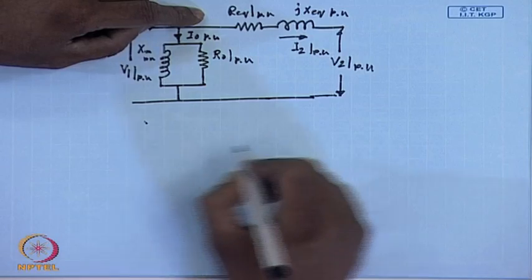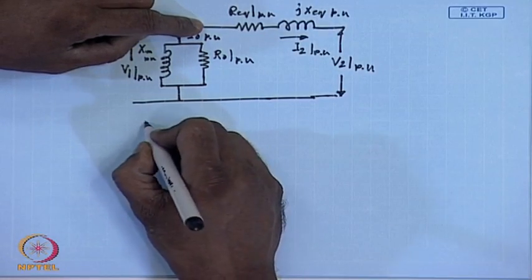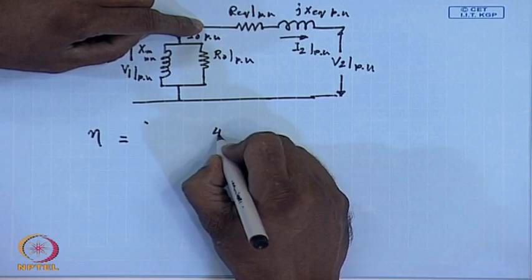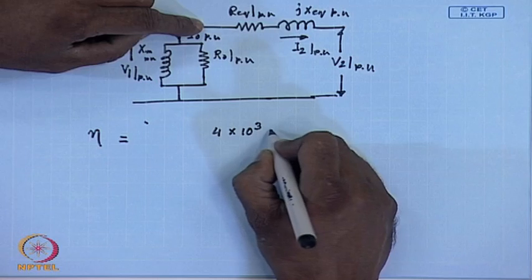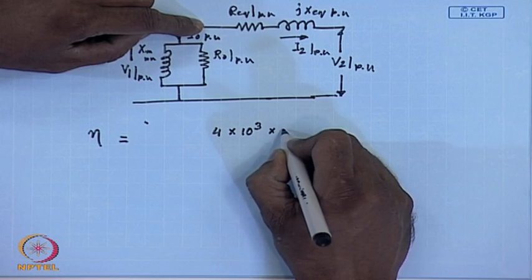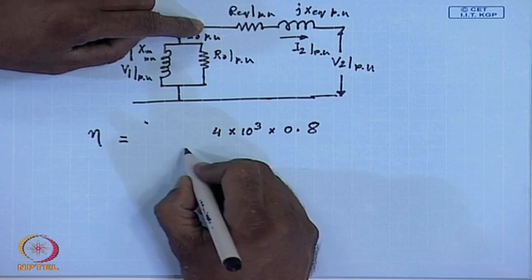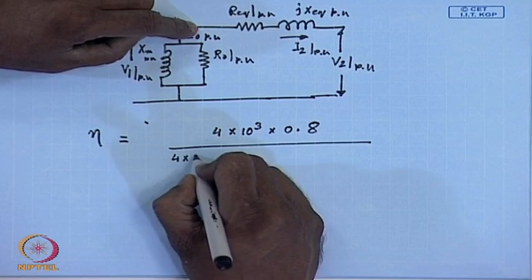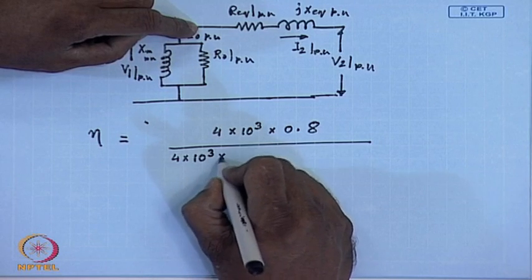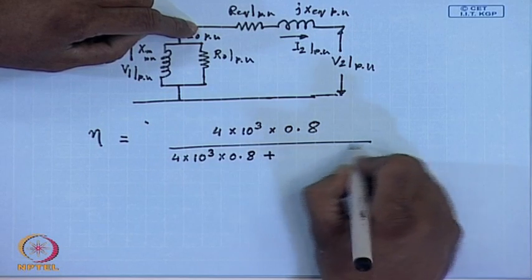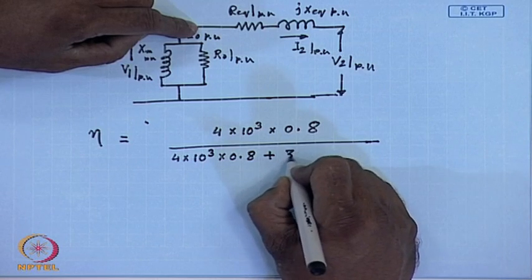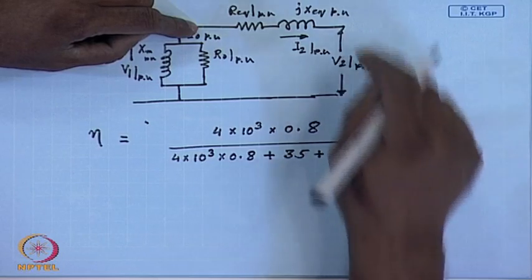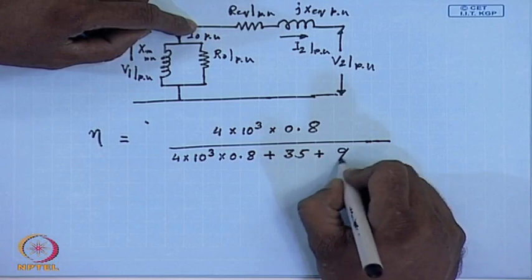So, at 100% of the load, and let us say at 0.8 power factor, the output power is 4 into 10 to the power 3 watts into power factor 0.8, divided by the output power 4 into 10 to the power 3 into 0.8 plus the copper loss; the core loss is 35 watts plus 100% that is at full load, the copper loss is 90 watts.